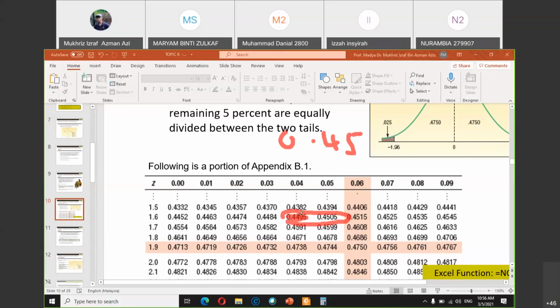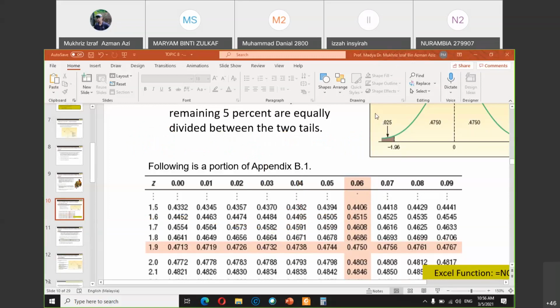So this is almost the closest to 0.45, which is 1.64. So for a 90% confidence interval, the Z value will be plus minus 1.64.